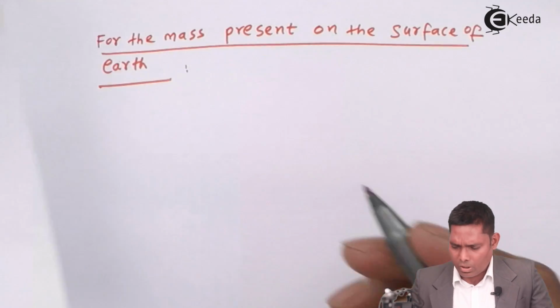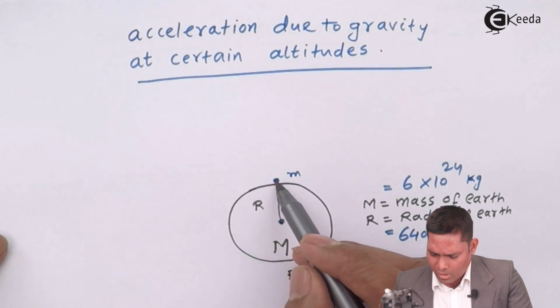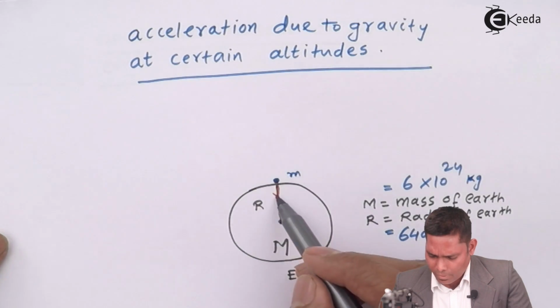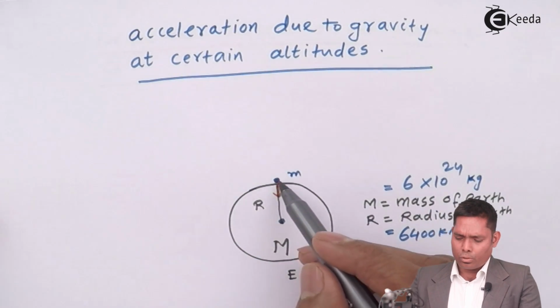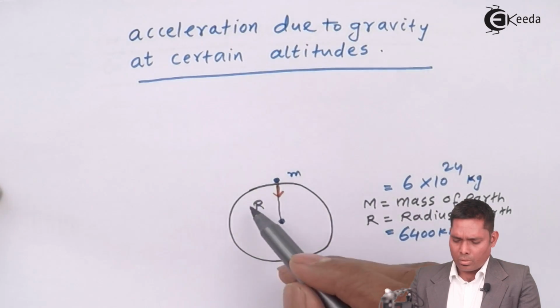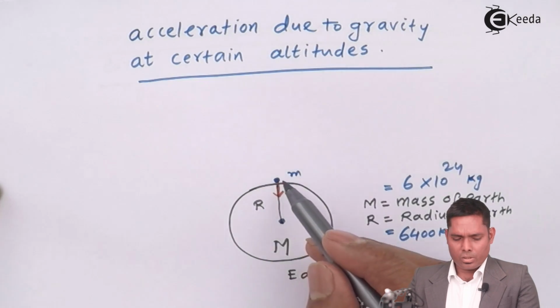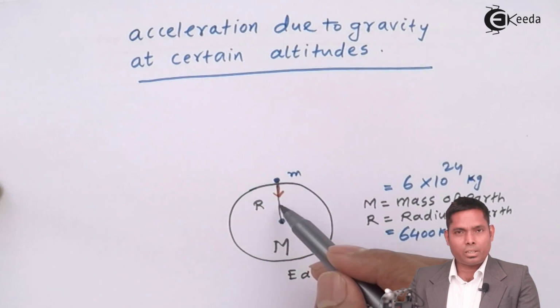Now in this situation, I'm just explaining about this. If I apply Newton's law of gravitation, the force on this mass will be towards the center, and the force on the planet will be towards the object. This is what we discussed. They are equal and opposite in direction.